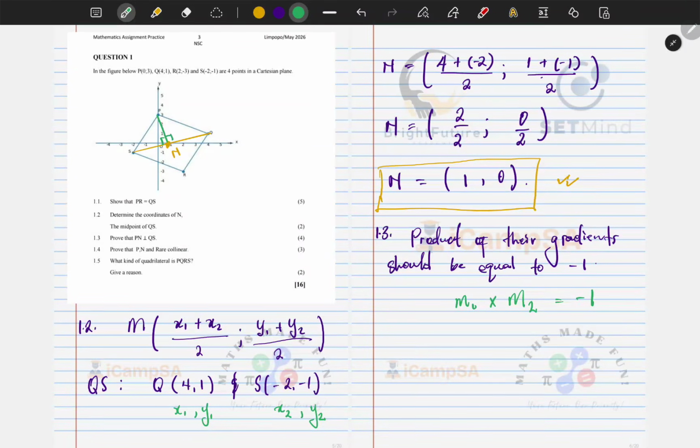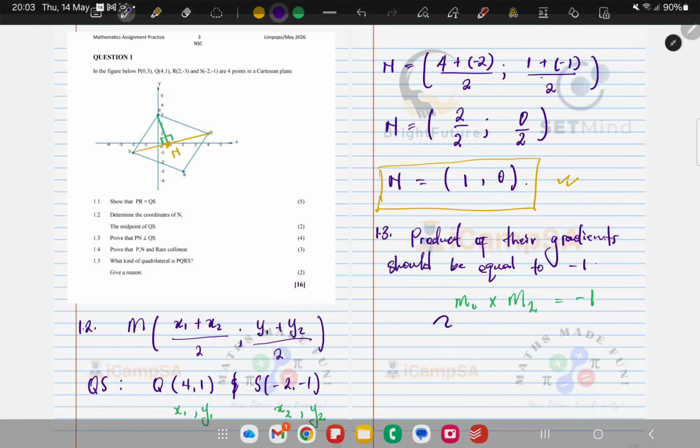So we need to prove that the gradient m1, when you multiply it by the gradient m2, is going to give us -1.